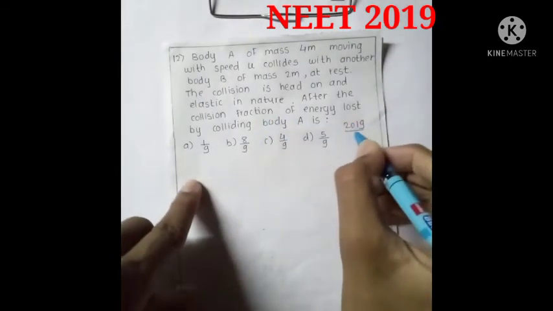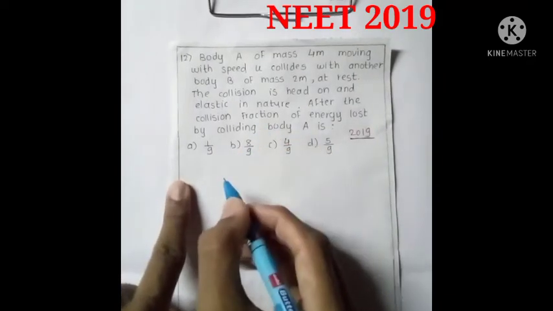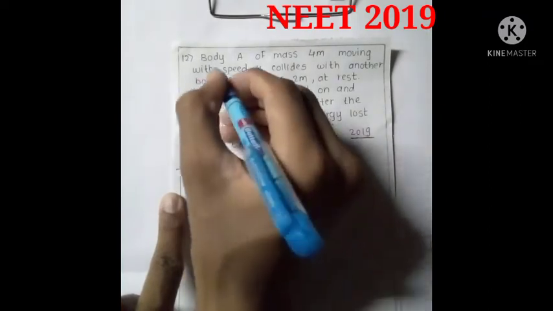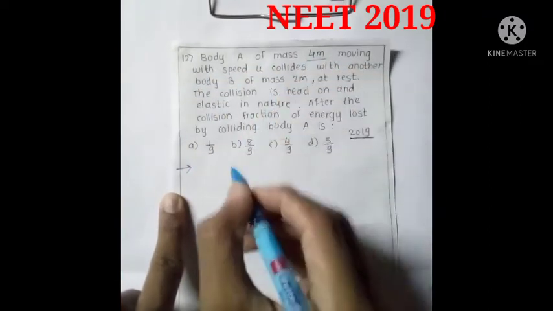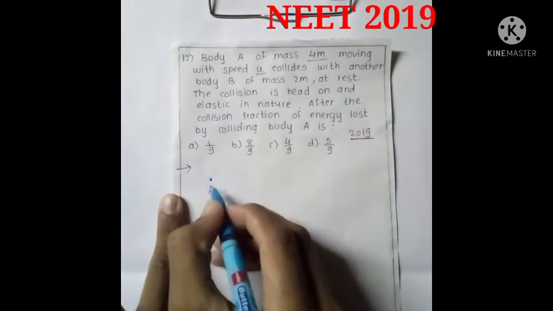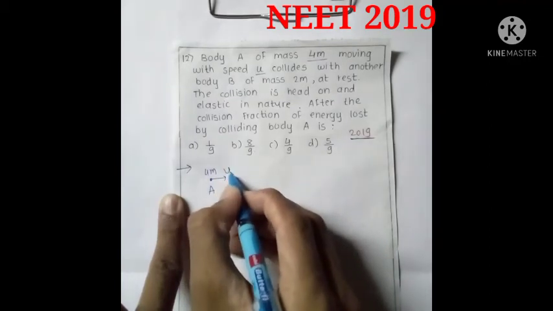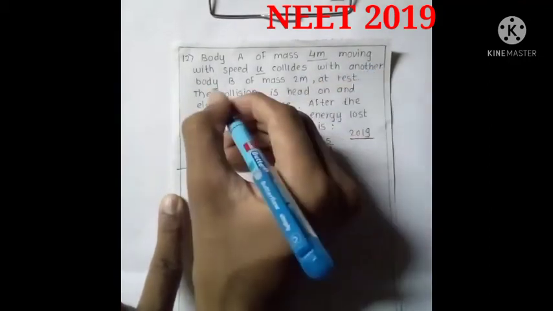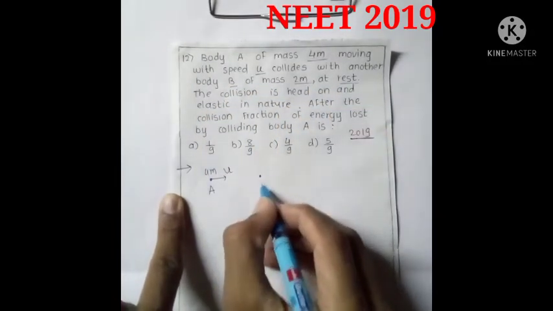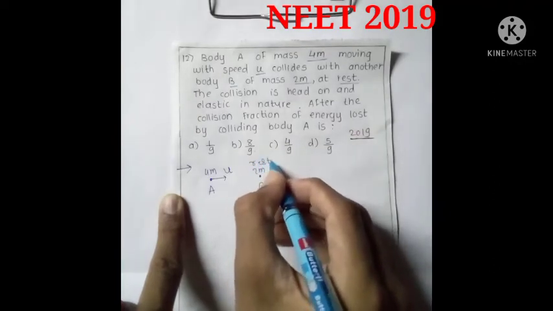Question is from NEET 2019. Actually this question is from collision, but it is given in the chapter of work energy power. Question is, body A of mass 4m moving with speed u collides with another body B of mass 2m at rest.